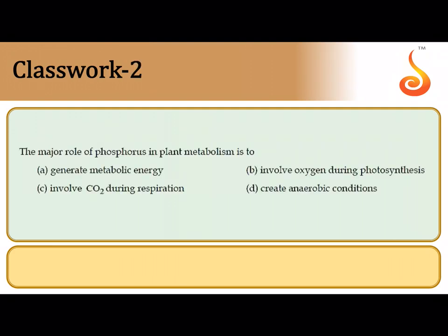The major role of phosphorus in plant metabolism is it is involved in generating metabolic energy, because you all know that adenosine diphosphate is added with a phosphate in order to make the energy currency of the cell, which is the ATP, as a result of which it is required for the generation of ATP.